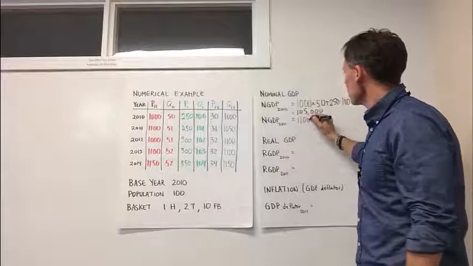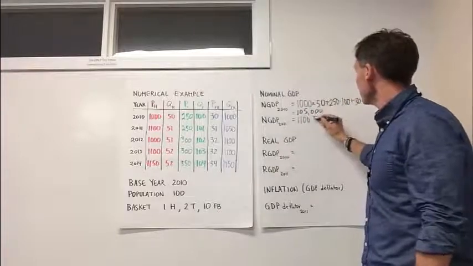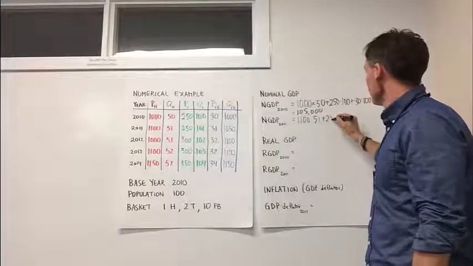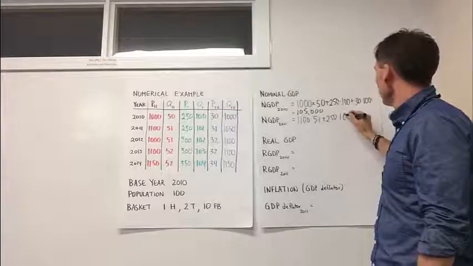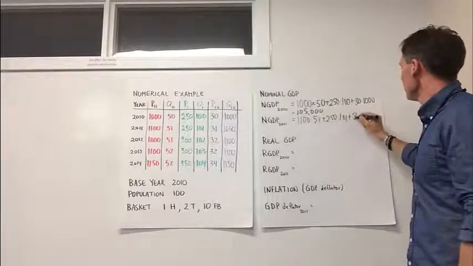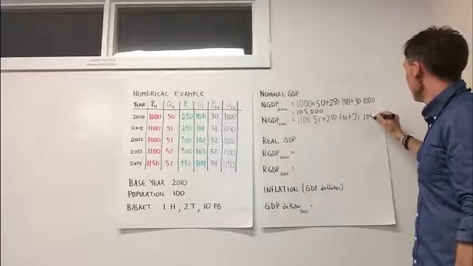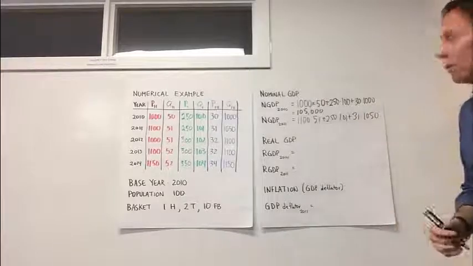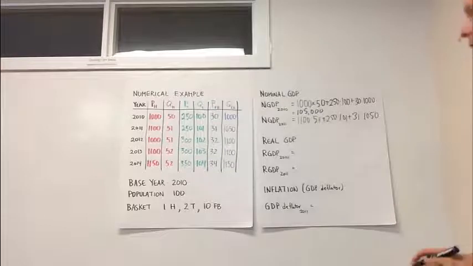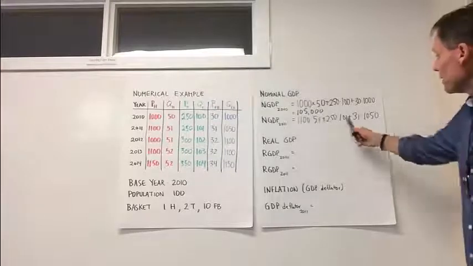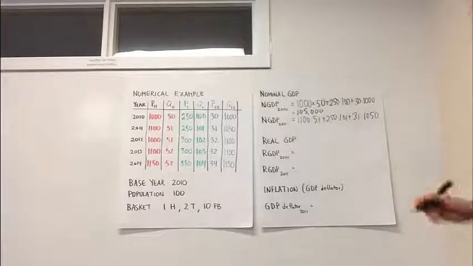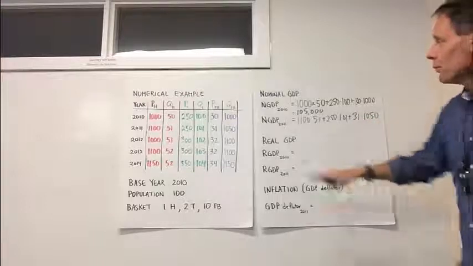If we do the same thing for 2011, we can see that the price has now increased, but we still use current prices and current quantities. So here we have 1100 times 51, 250 times 101, and 31 times 1050.